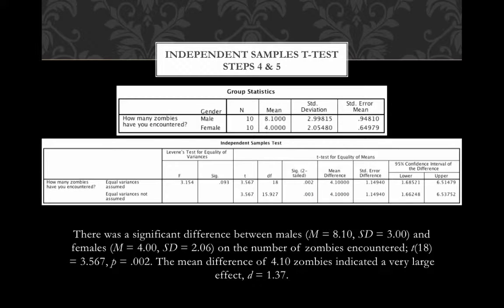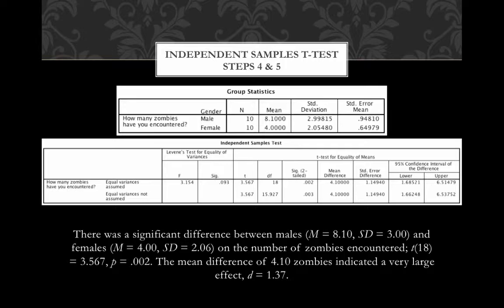So here we have our two tables that we saw previously. We just completed step 3, which is obtaining our test statistic, and step 4, which is making a decision. And so now we just end with step 5, which is stating our conclusions. That there was a significant difference between males and females on the number of zombies encountered. And notice that we state the mean and standard deviation for each of our two groups.